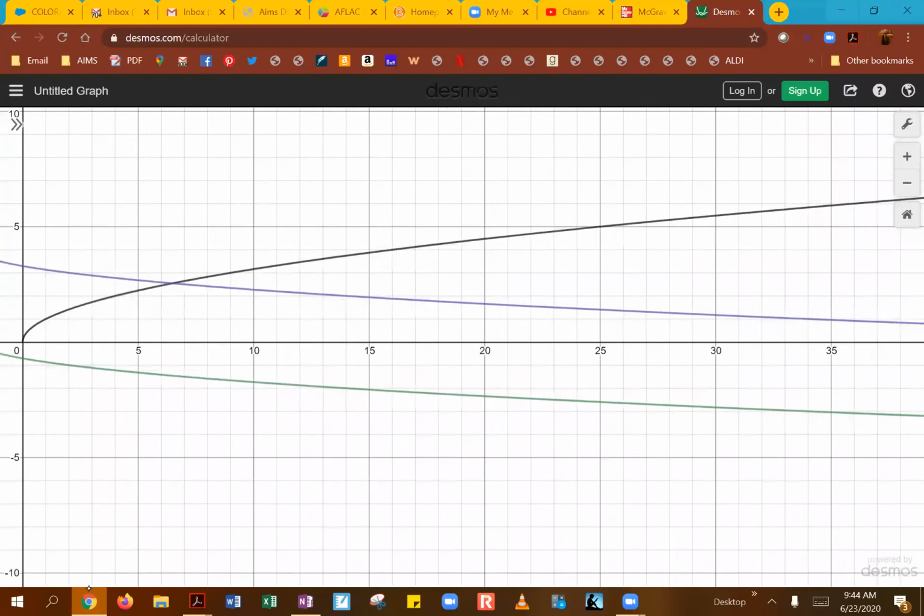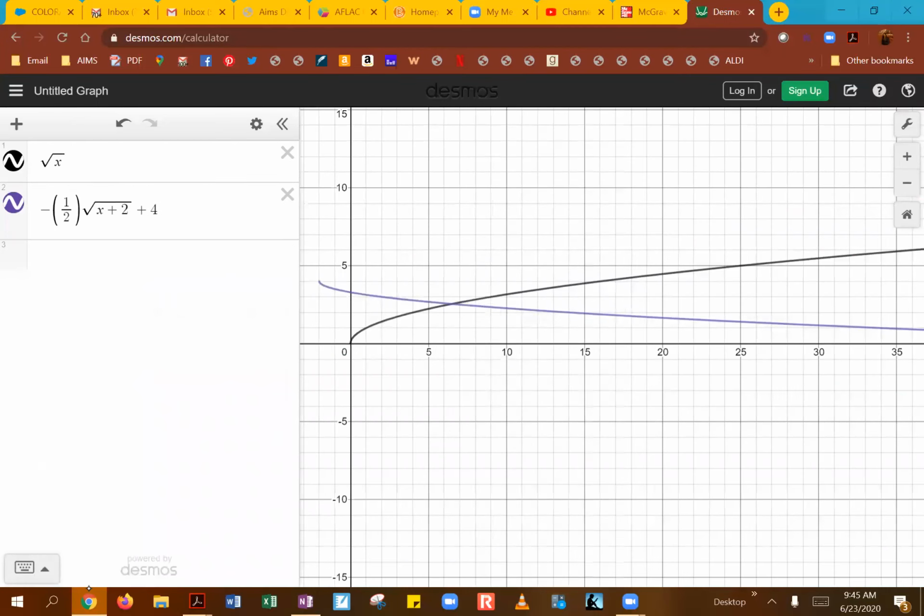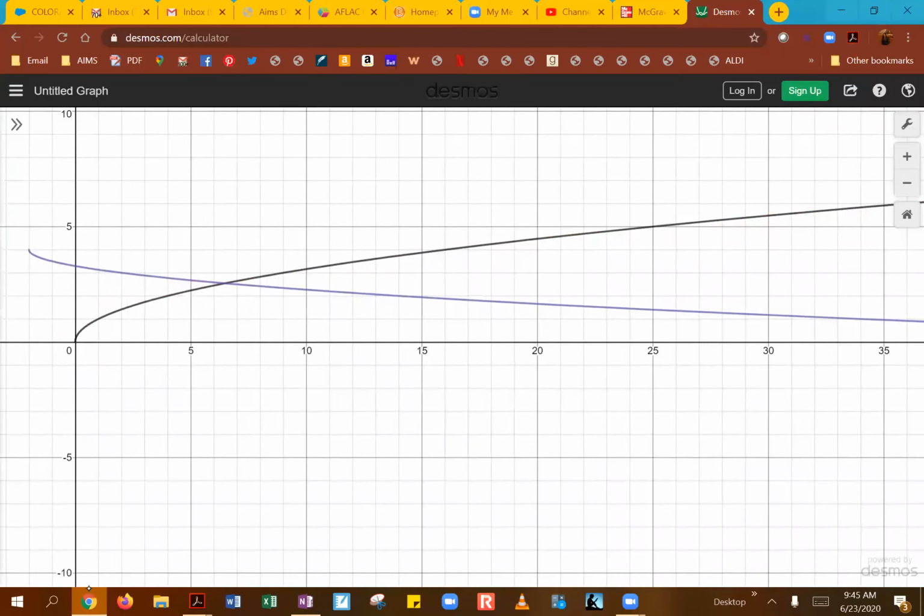Okay, so you can see the green has been moved 4 units up, and of course the black was our original graph. So by the time everything is said and done, your original function of square root of x, of course, moved 2 units to the left, then it got reflected, and that's why you're seeing your curve is now upside down. It got shrunk by 1/2, so it's not quite as wide as the graph in black, and then of course it got moved 4 units up.